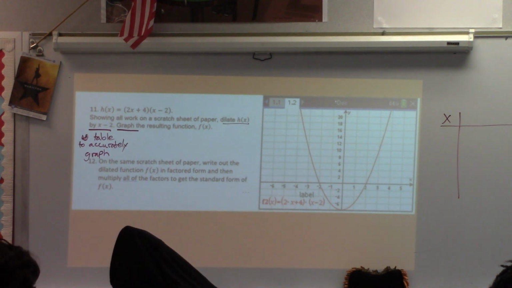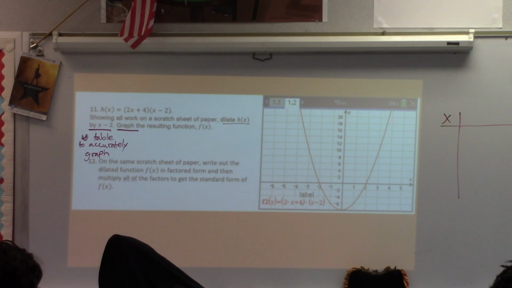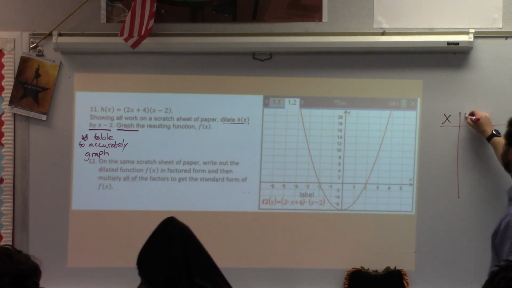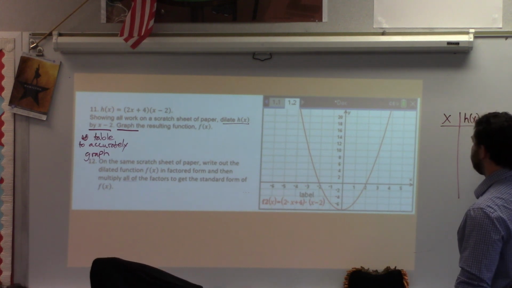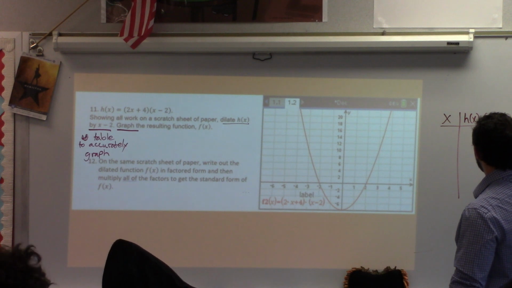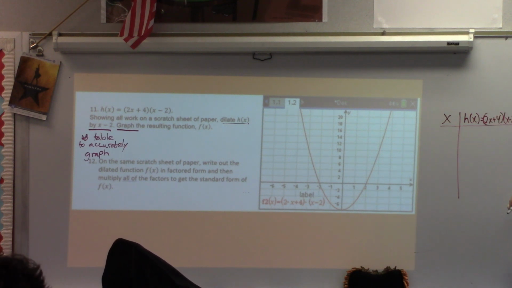You can split up more if you want, but does anyone know what the first column I need is? H of x. I need h of x, which is 2x plus 4 times x minus 2, and x. And what else do I need? X minus 2. Anybody want to push back on that or ask a question about that?